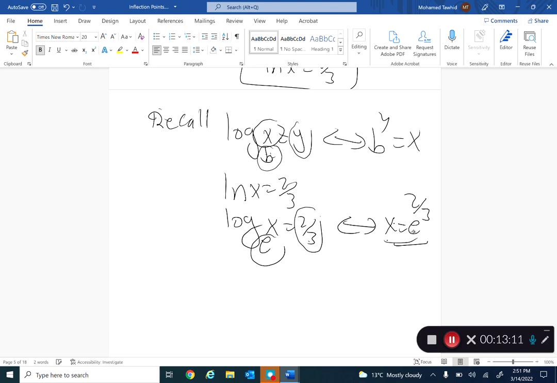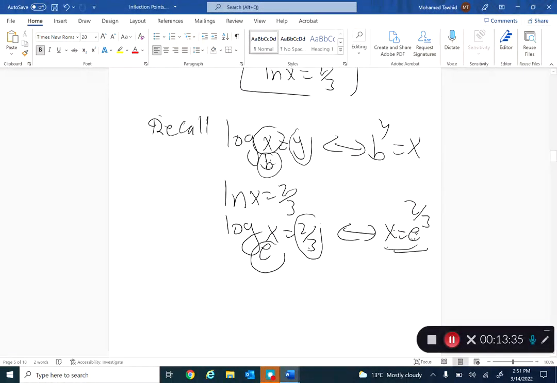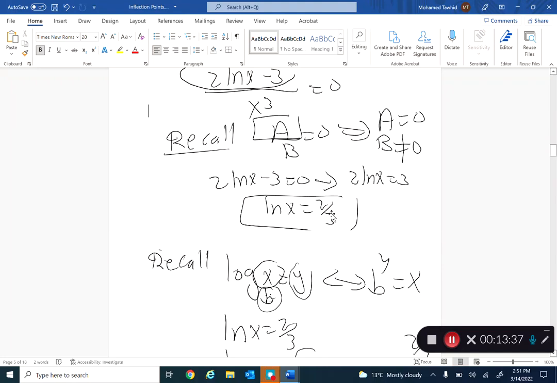If you try to use technology to get the number here, you will find it's a positive number. So that is condition number 1, which is I took the second derivative, equated that to 0, and then solved. I think I made a mistake earlier, look what you have here, that is 3/2.